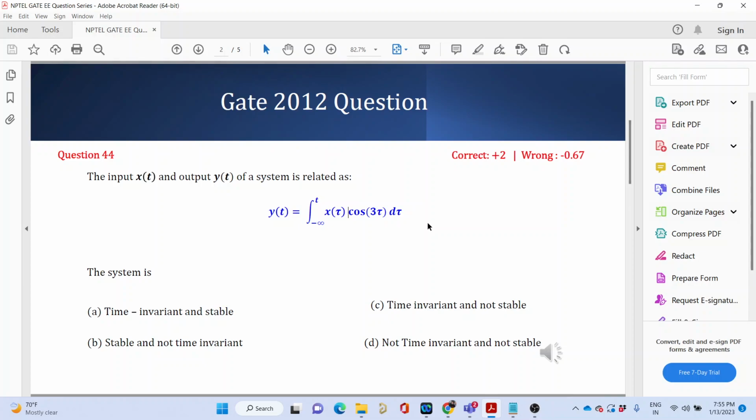Have you integrated? Navkirti or Saurav? So x by 2 plus sine 2x by... I have asked you to substitute x of tau with cos of 3 tau. Where from are you getting x again?